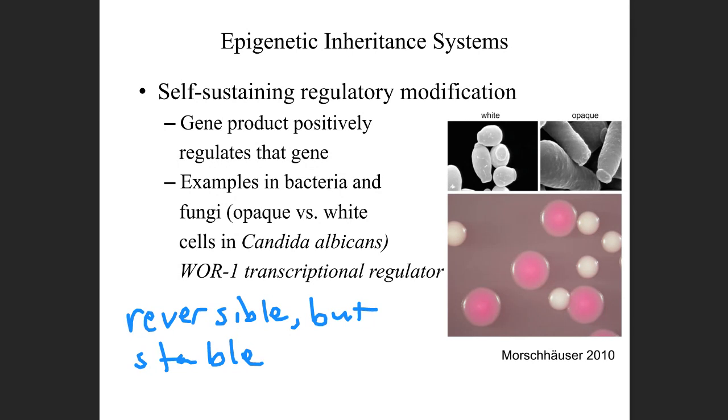So the product of the gene, WOR1, is a transcriptional regulator that will positively increase its own production, and so you'll stay opaque. But some cells that emerge from budding or sexual reproduction will revert back to the white form, and then that'll increase in frequency.